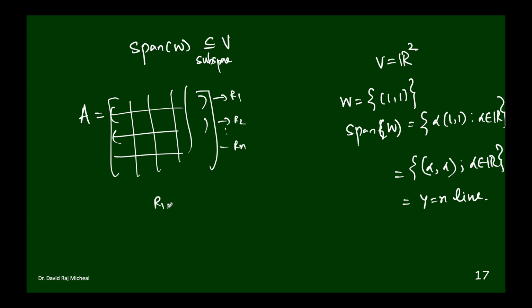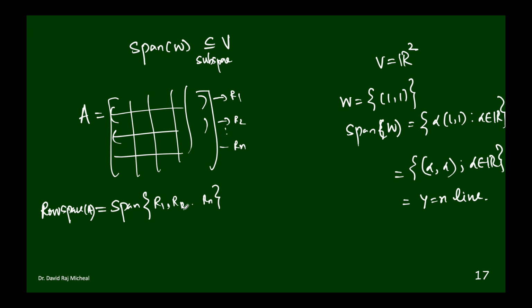Now collect all these R1, R2 and so on up to Rn. Then look into the span of the rows.